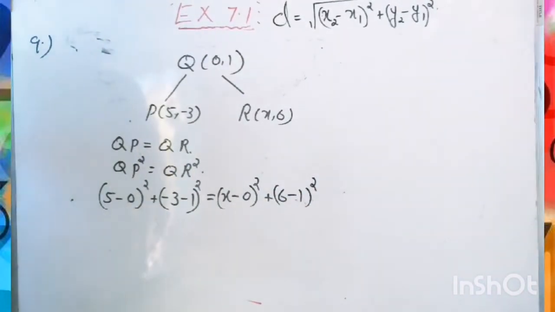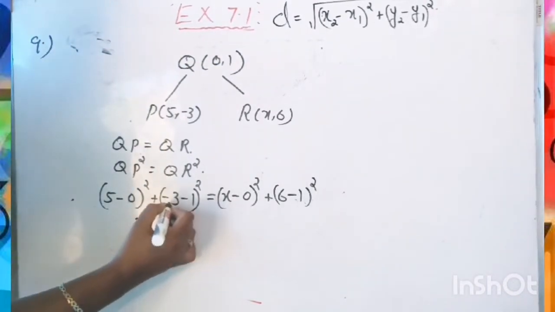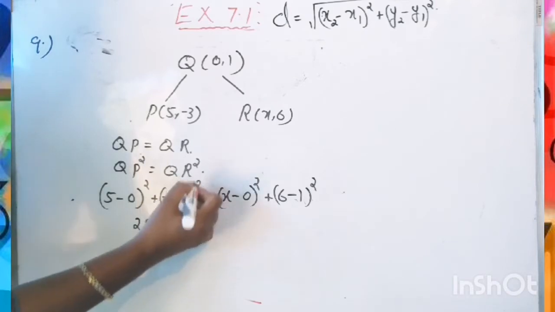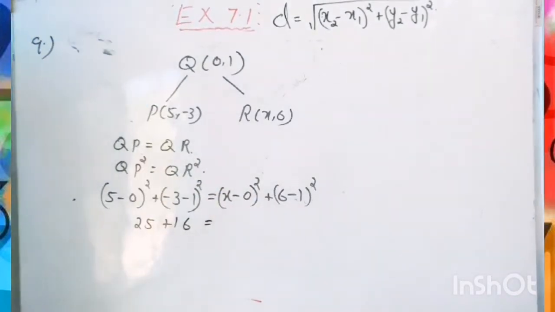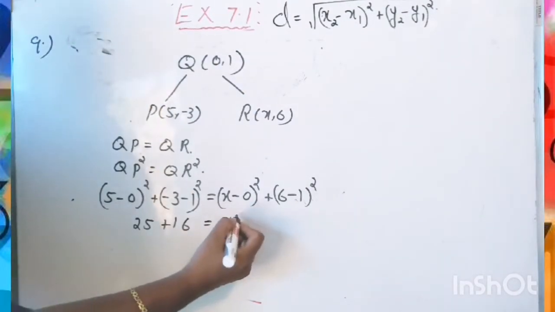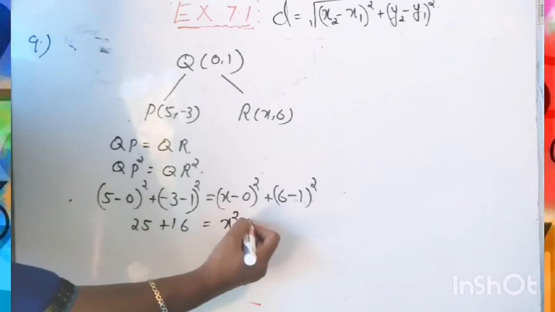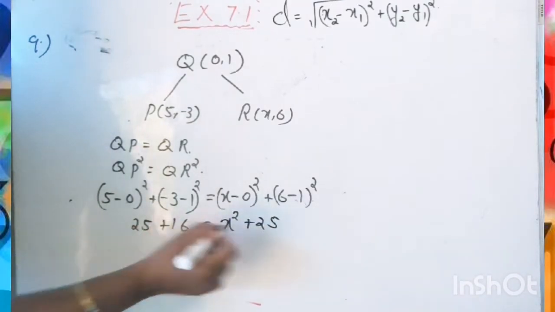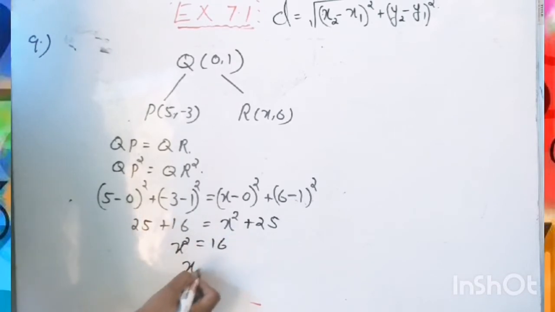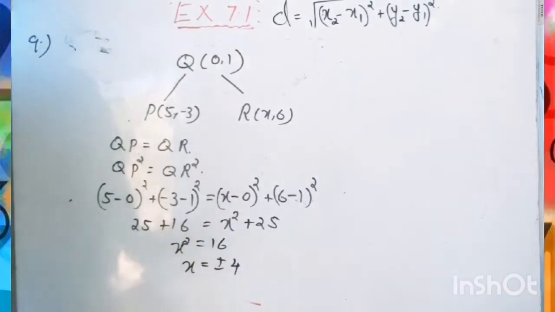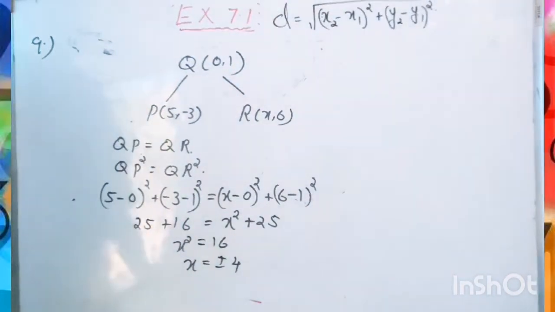This we will get: 25 plus (-3 minus 1) is -4, -4 square is 16, is equal to x minus 0 is x, so we will have x square, plus 6 minus 1 is 5, 5 square is 25. 25 gets cancelled. So x square equal to 16. That means x is equal to plus or minus 4. Here we have two values for x, that is plus or minus 4.